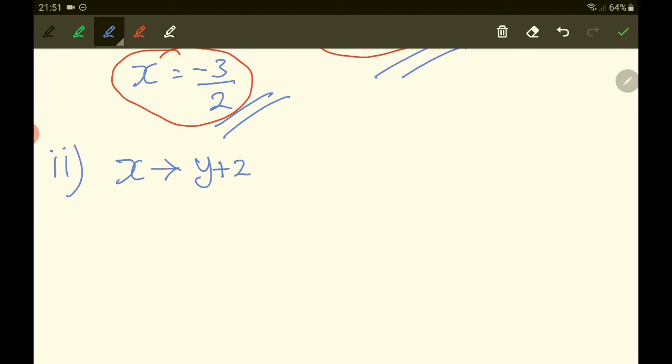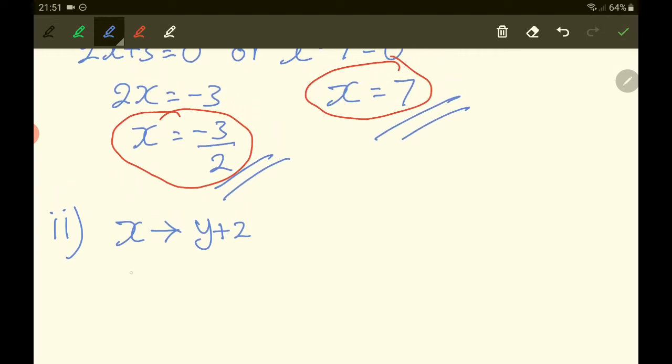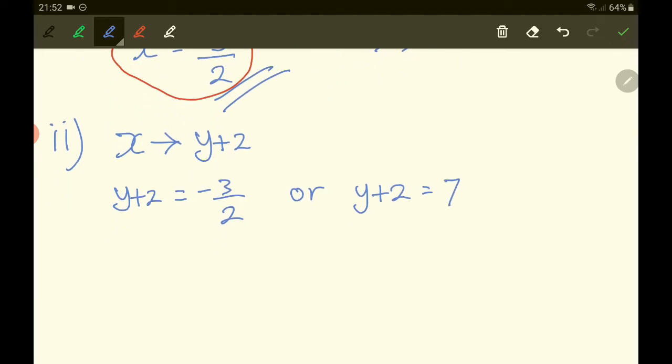So we have the possibilities as well. y plus 2 is equal to minus 3 over 2, or y plus 2 is equal to 7.